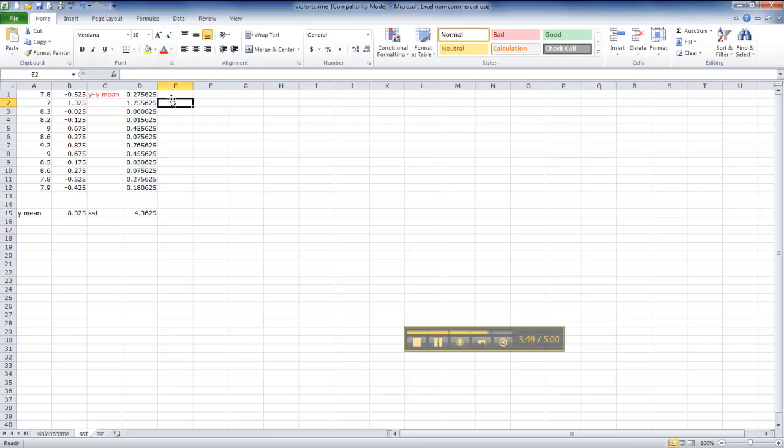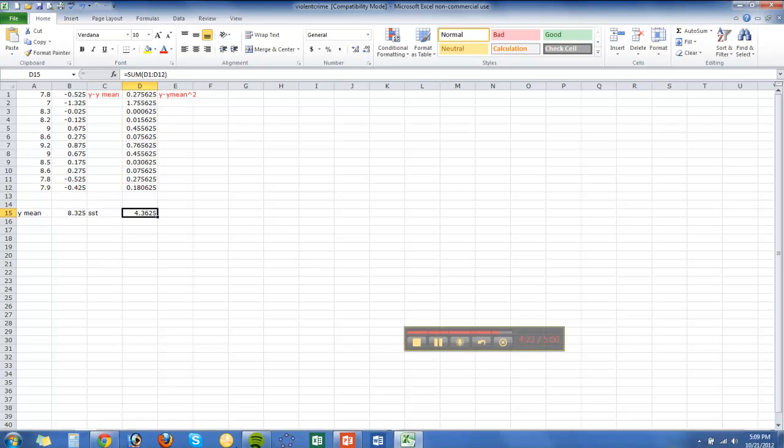And then this is the square: y minus y mean, squared. I typed into Excel equals A1, because that's where my data goes, minus, and I locked in this number with dollar signs so it doesn't change when I pull it down. And then I squared them. So I just took this, raised it to the 2, and dragged it down again, and then found the sum, and you have your SST.